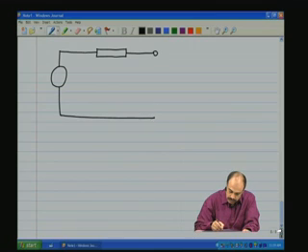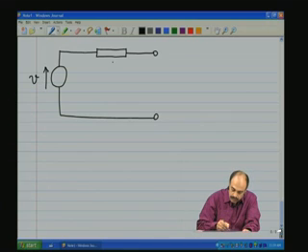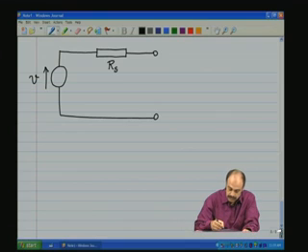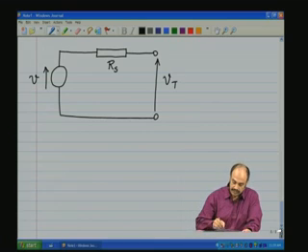Let us construct this source, which comprises an ideal source V with the non-ideality of series resistance Rs, and there is the terminal voltage resulting due to connection to the external circuit.